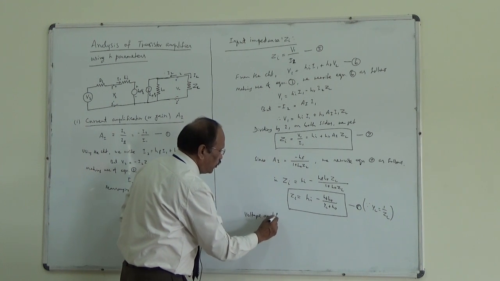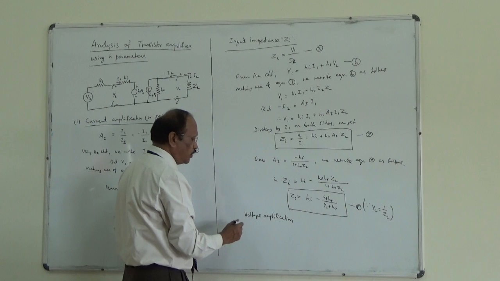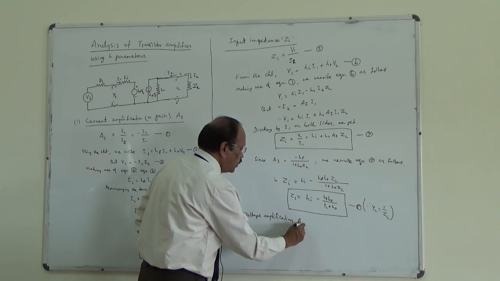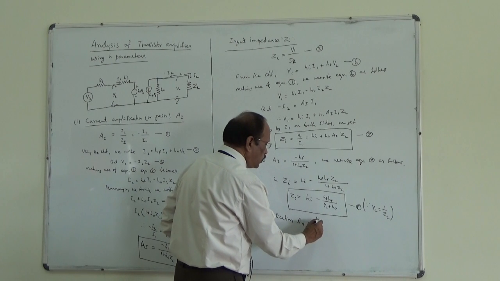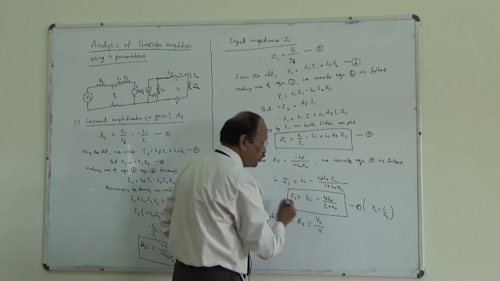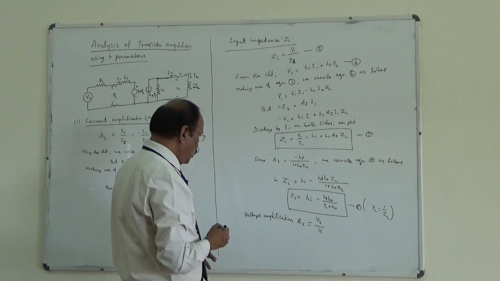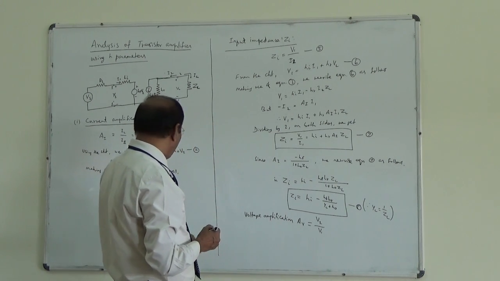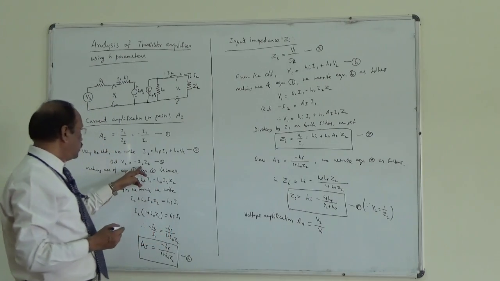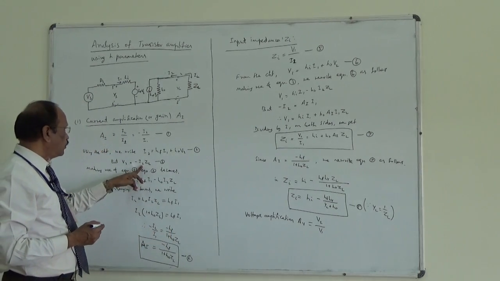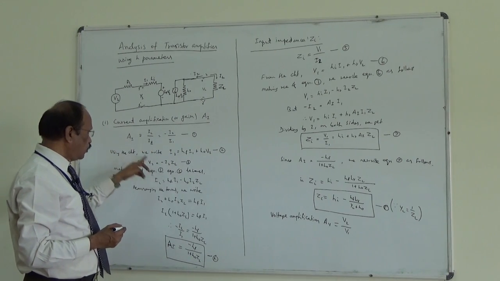Now third, we will see the voltage amplification. We represent voltage amplification by AV. This is defined as the output voltage V2 divided by the input voltage V1. V2 we can write as minus I2 into ZL, but minus I2 you can write as A into I1.